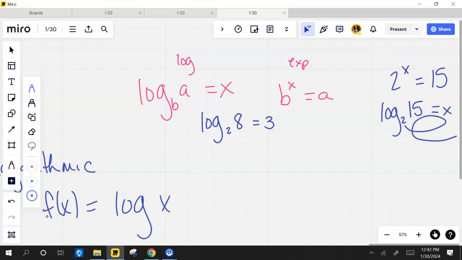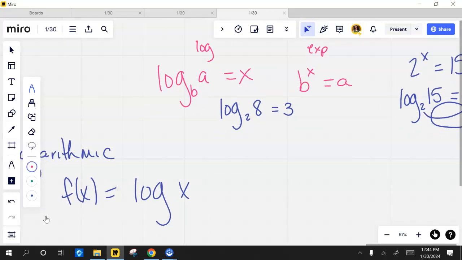If there's no base, what's the implied base? 10. If there's no base, it's a base of 10.